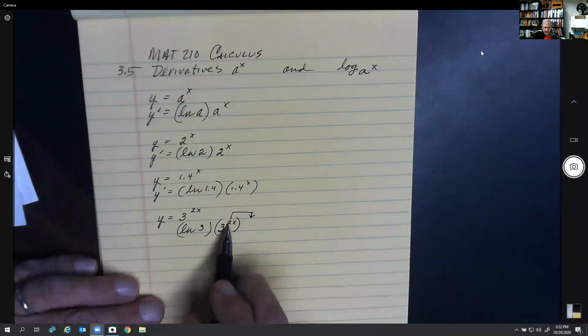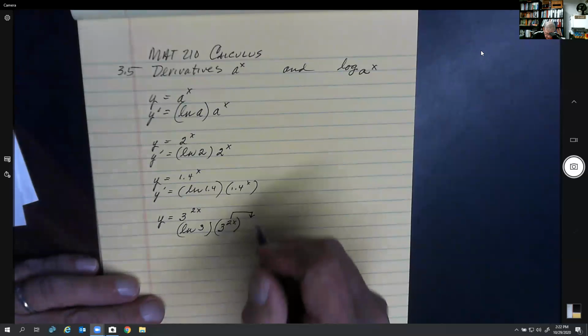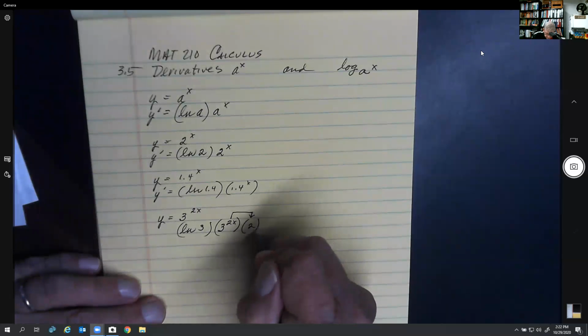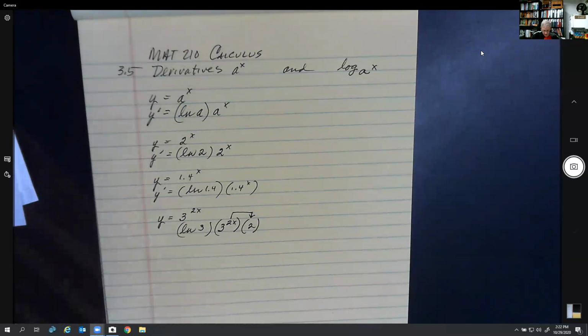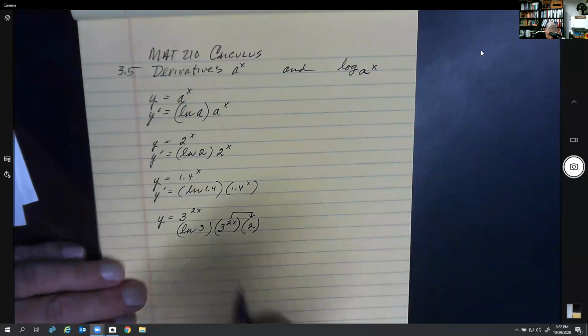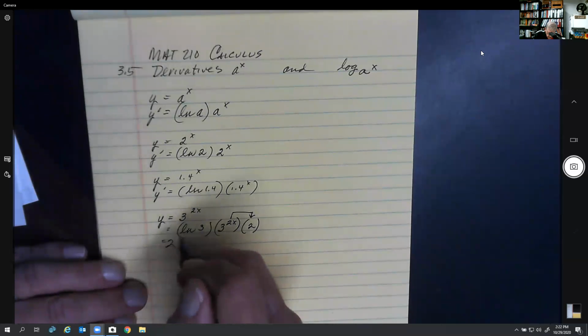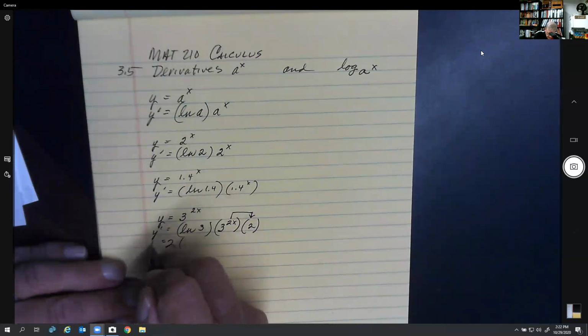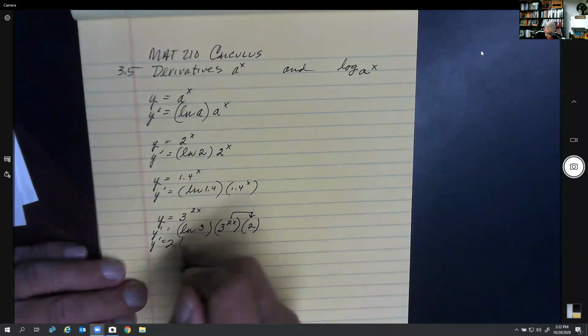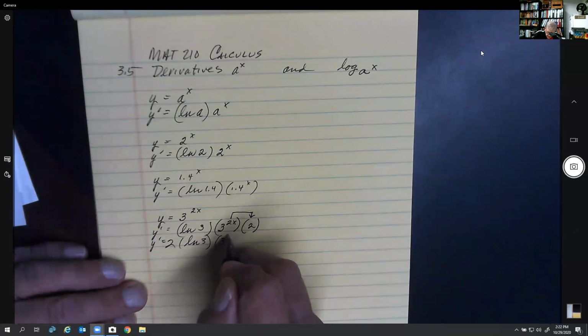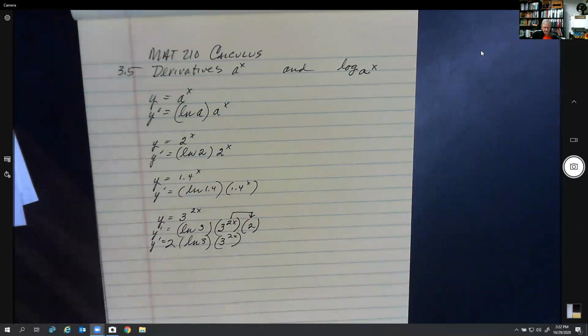So we have to take the derivative of 2x, which would be 2. And I guess you could just leave it like that, or you could rearrange it. Maybe write it as 2 ln 3 times 3 to the 2x. There really is no specific way you have to write this.